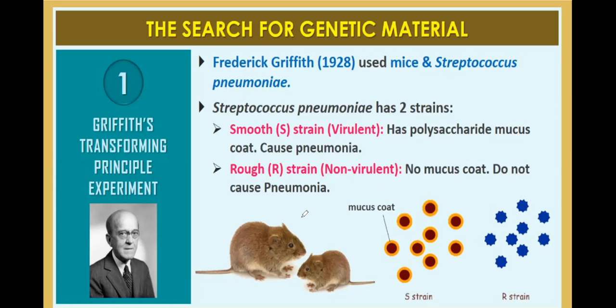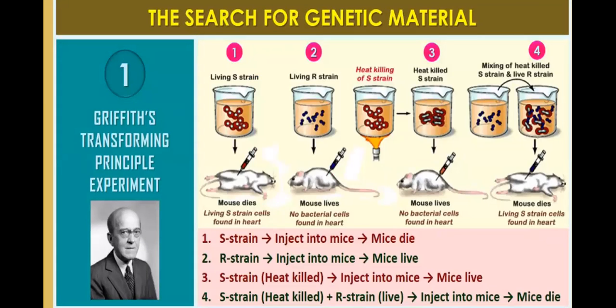So this is Griffith's experiment. During his experiment, he created four conditions: condition 1, 2, 3, and 4.